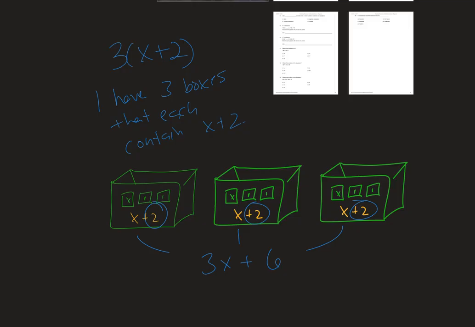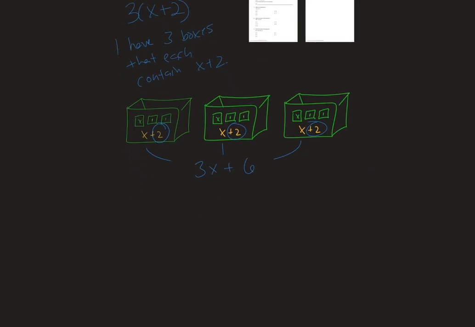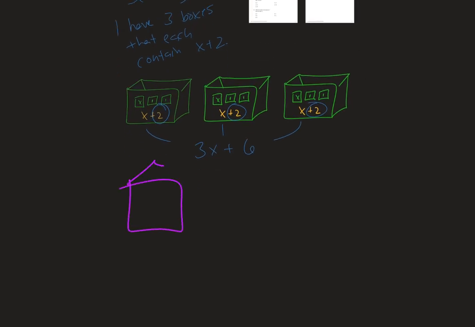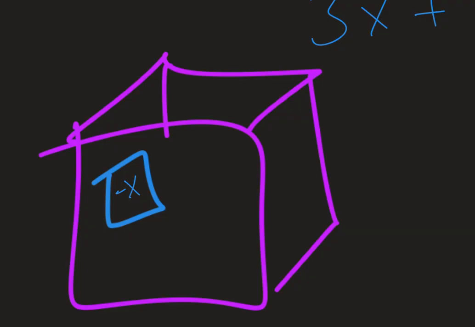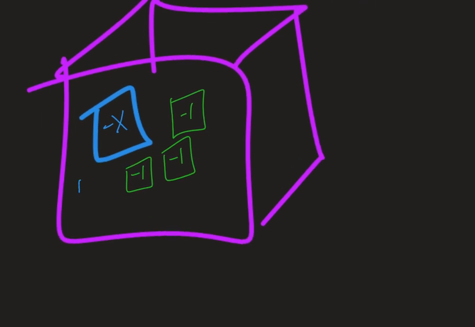But what if you have more complicated scenarios? What if you happen to have a box and inside of it are negative x's, and then also -1, -1, -1? And what if there was another negative x box?